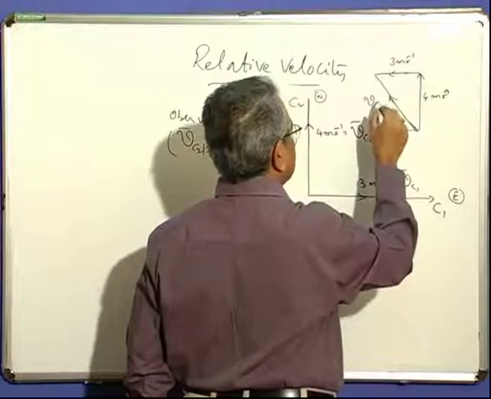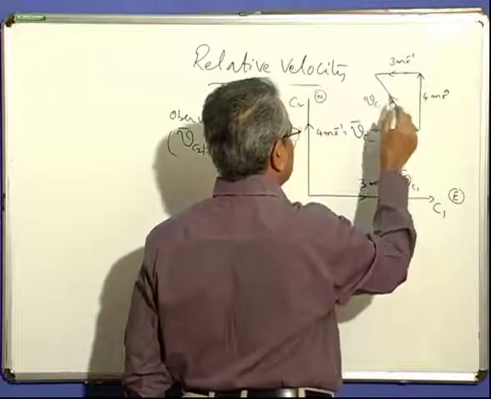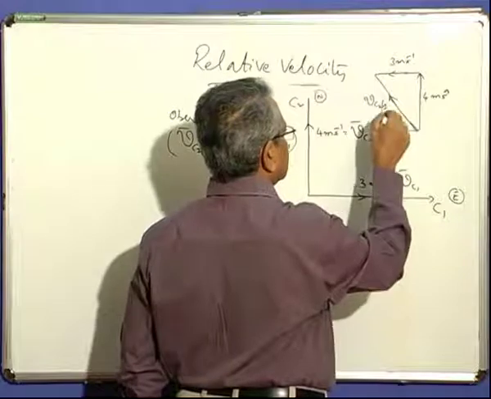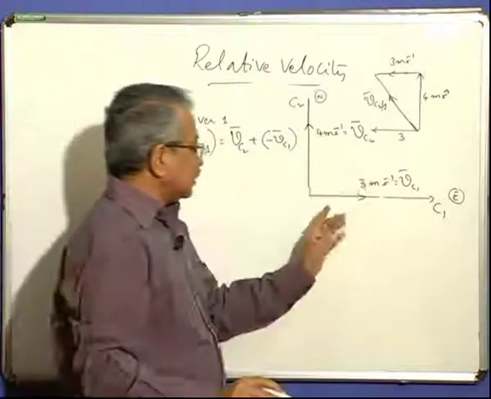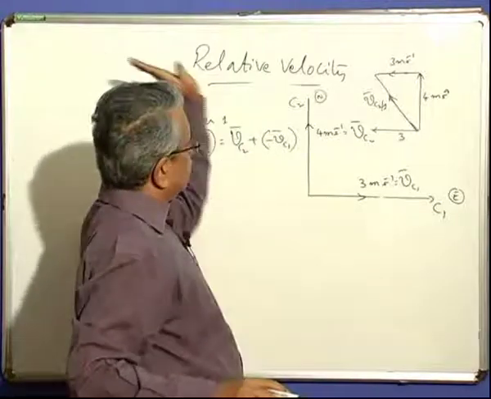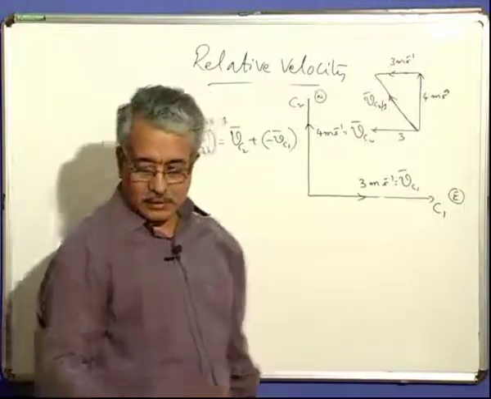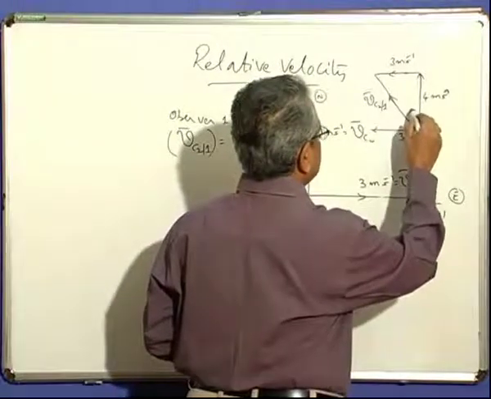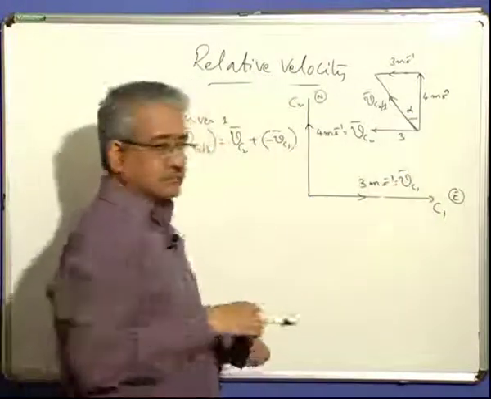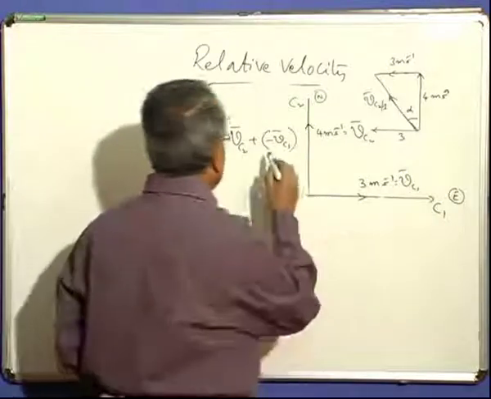This is velocity of C with respect to observer 1. So this fellow will see as if it is moving like this. Understand? So this will be the angle at which he is seeing it. Alpha I call it.